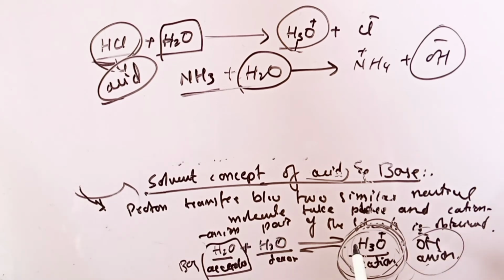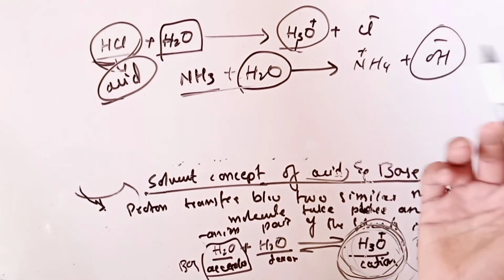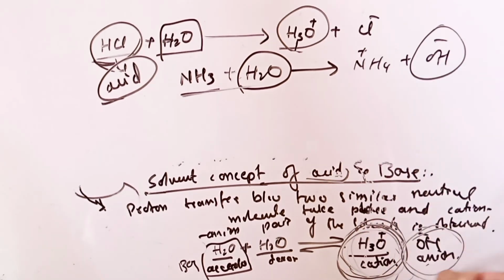So according to the solvent concept of acids and bases, a base is any substance that increases the concentration of the solvent anion normally produced by solvent ionization.